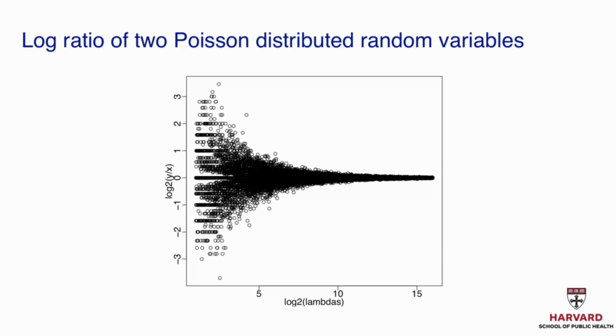And what we see, here's the log ratio, and here is the expected number of counts for each gene. You can see that for less expressed genes, variability is much bigger. So that is already a cautionary tale, using just modeling and statistical theory, of what we should be careful about when we actually analyze RNA-seq data.